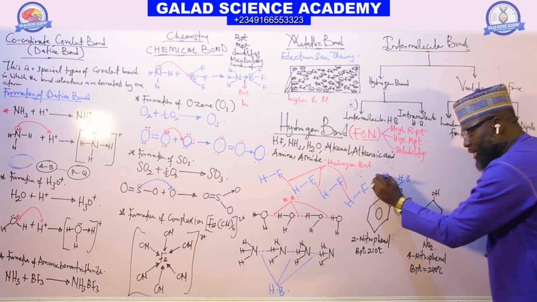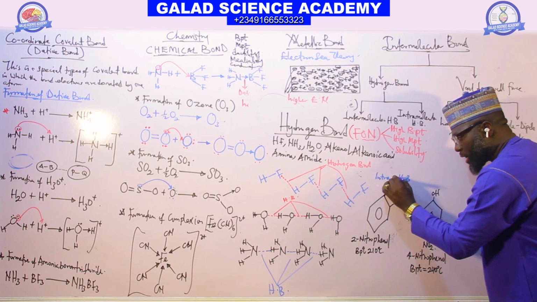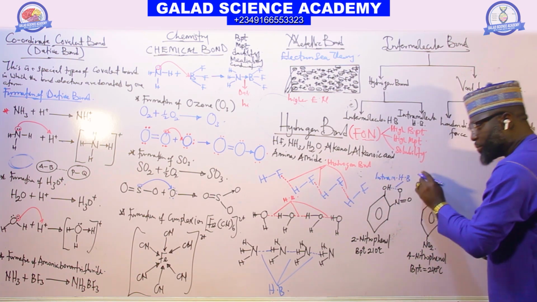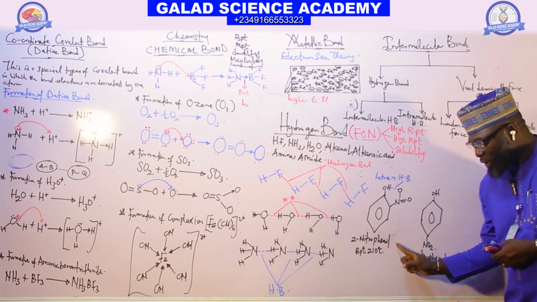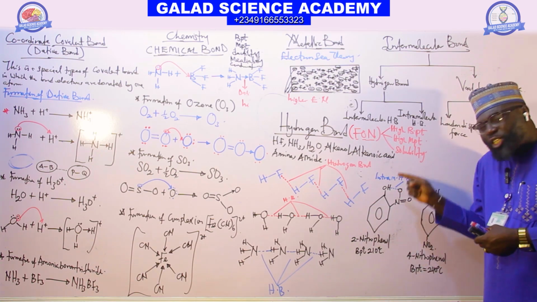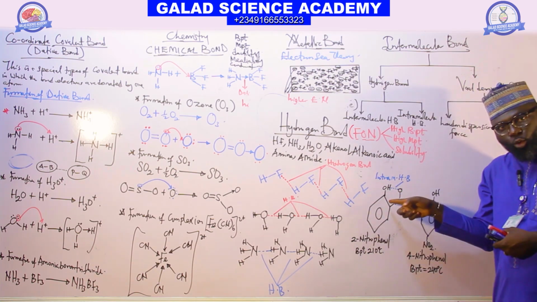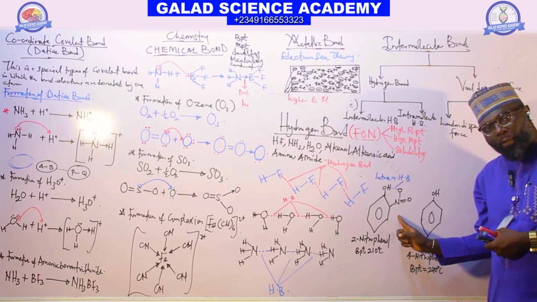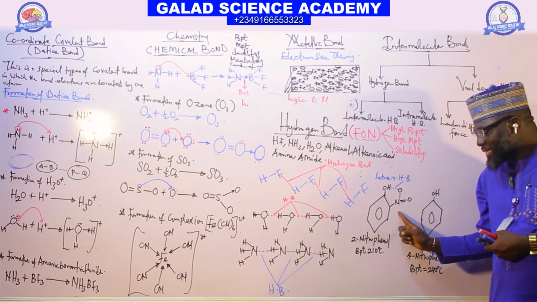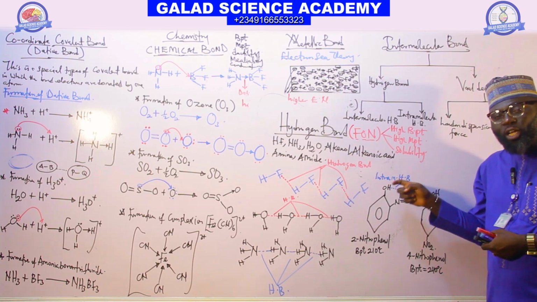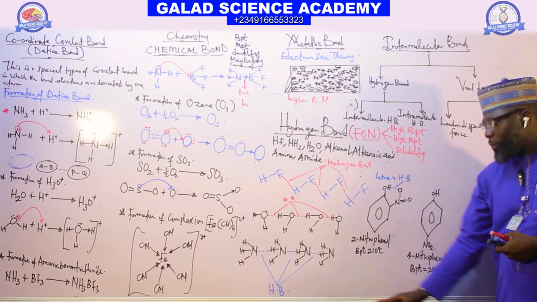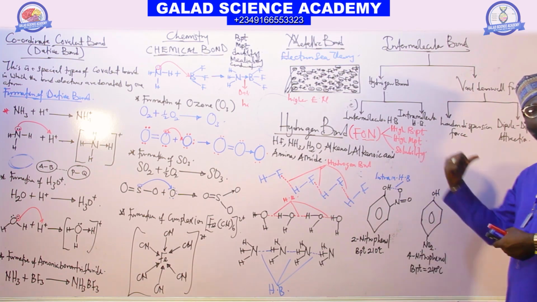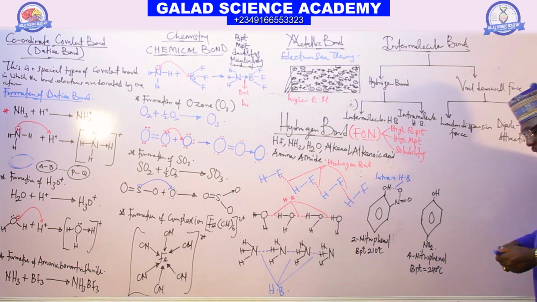It is intramolecular hydrogen bond, because this 2-nitrophenol forms a hydrogen bond within the molecule. Any compound that has intramolecular bond has a low boiling point compared to one that forms intermolecular hydrogen bond.